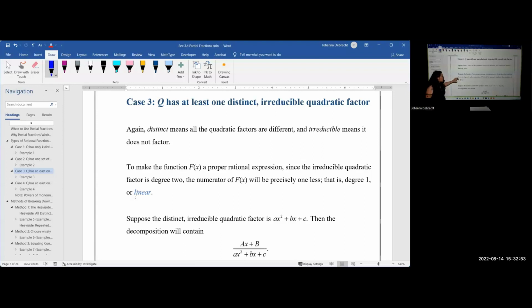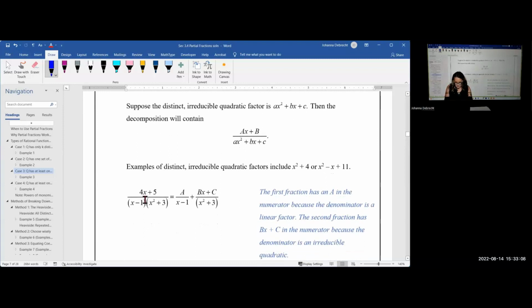So in order to do this, the numerator is going to be exactly 1 degree less than this irreducible quadratic, which means it will be linear or degree 1. So looking down here, we can see that the irreducible quadratic factor could be ax squared plus bx plus c.